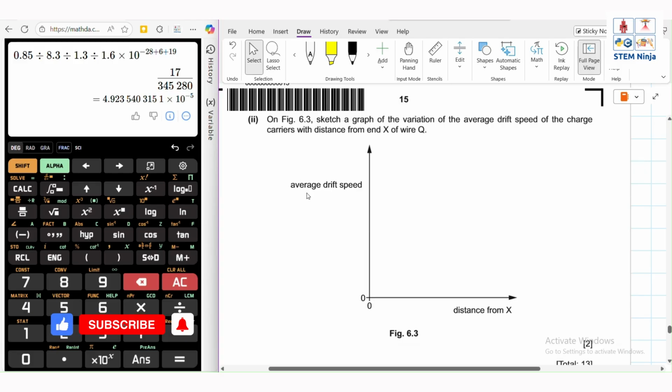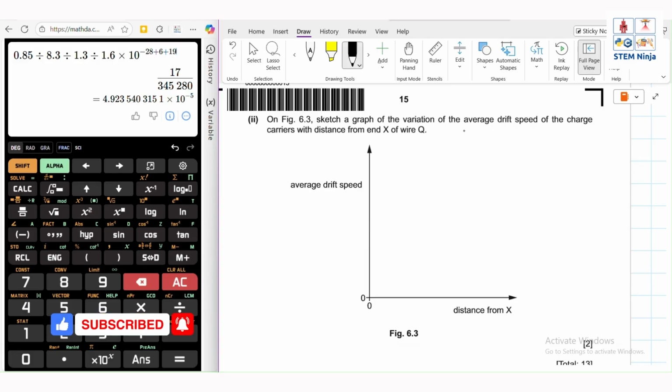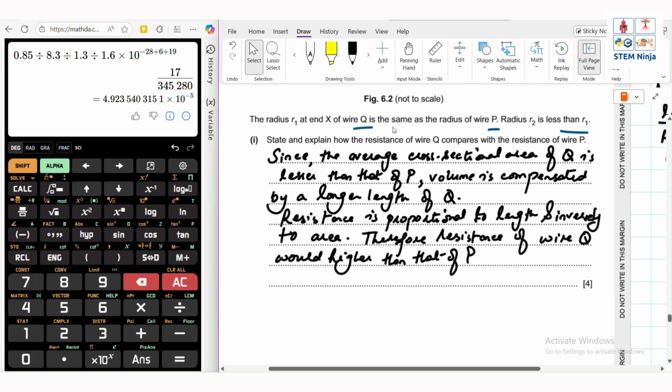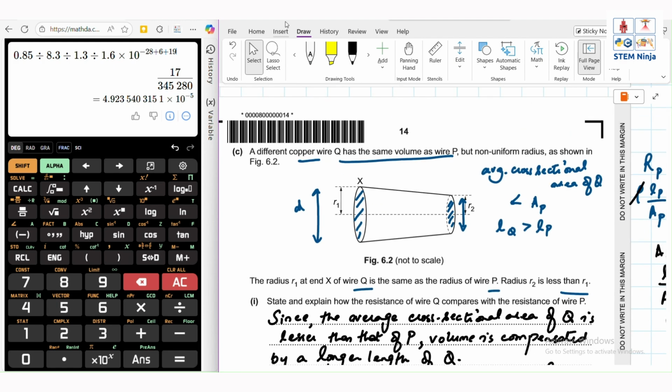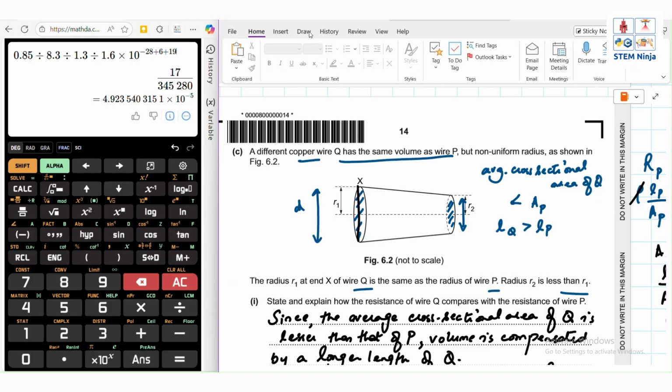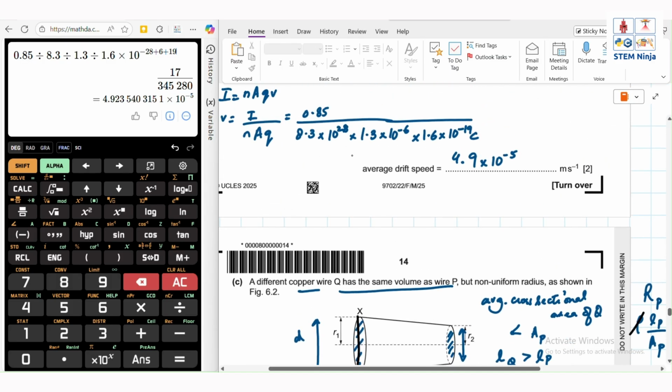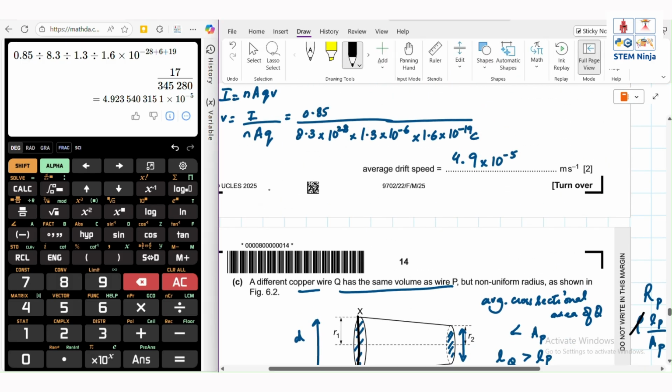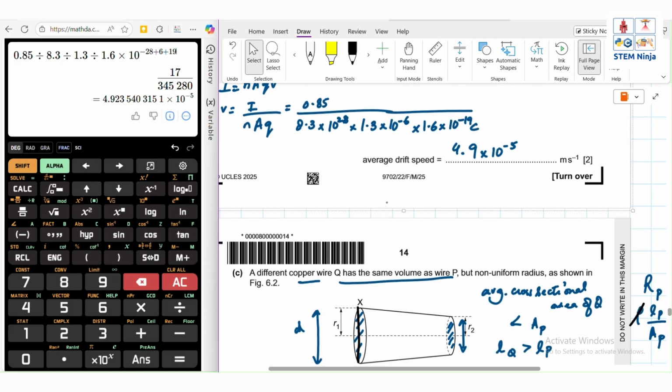On figure 6.3, sketch a graph of the variation of the average drift speed of the charge carriers with distance from end X of the wire Q. So this is wire Q. So at this end X over here, they have the same drift speed as over here. But what is changing? The cross-sectional area is changing.